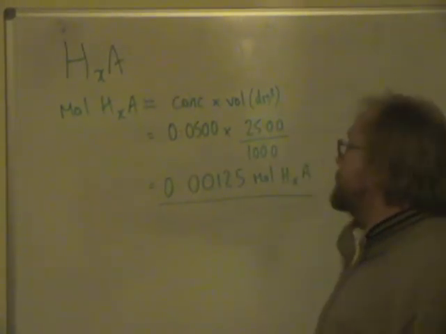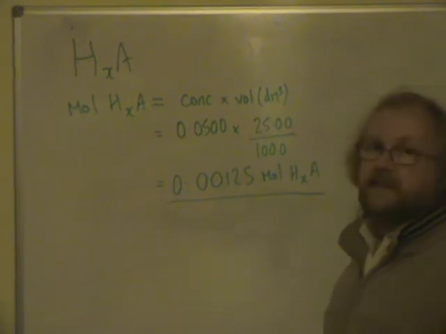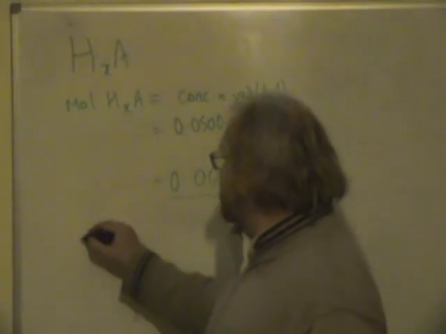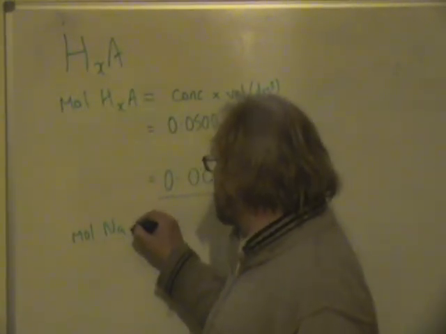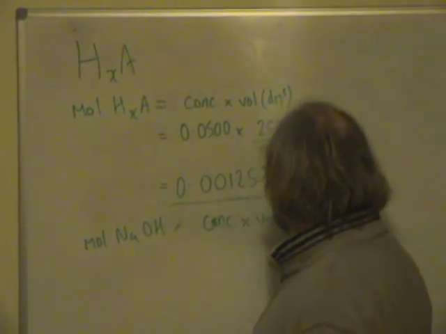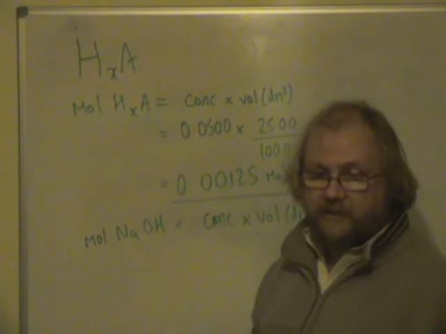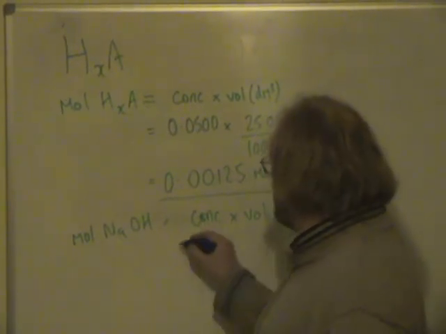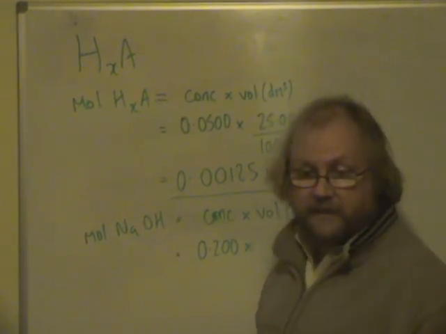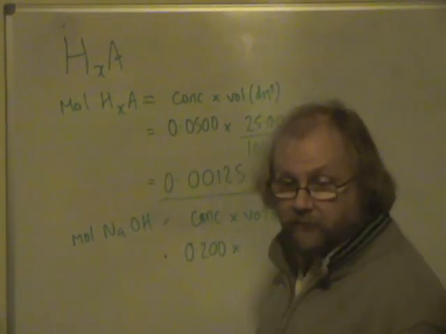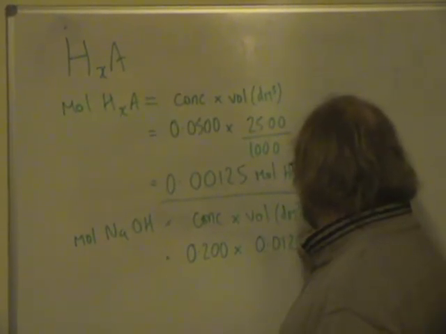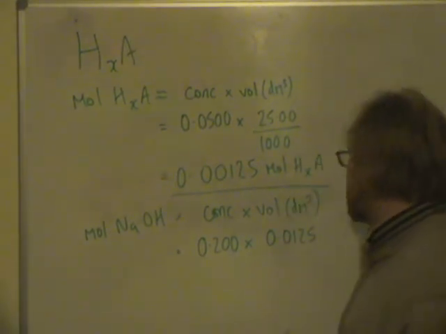Part B is exactly the same kind of calculation, but now applied to the sodium hydroxide, because remember, we're just going to compare the relative number of moles. So we get moles of NaOH, again is concentration times volume in dm cubed, but this time, for the sodium hydroxide, the concentration is 0.200, and the volume, it tells us, is 12.5 cm cubed, which is 0.0125 dm cubed once you've divided it by 1,000.